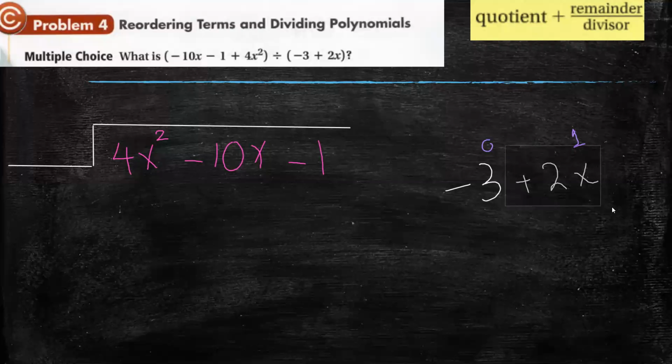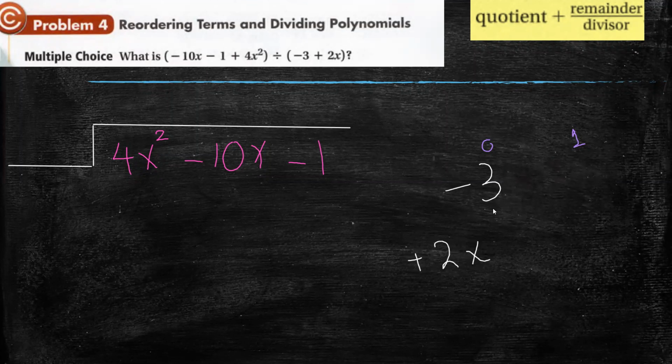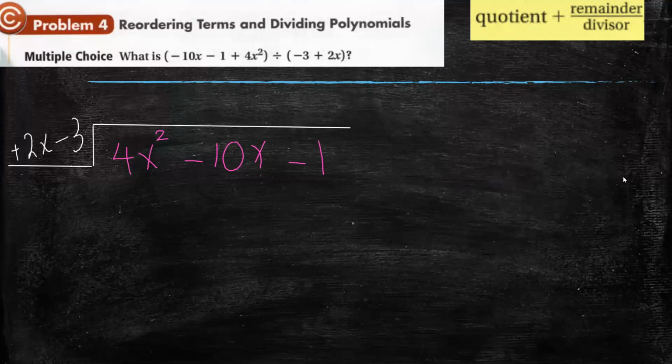Positive 2x. Bravo. Then minus 3. So it's like positive 2x minus 3. Let's bring it now and put it here. Now let's divide.